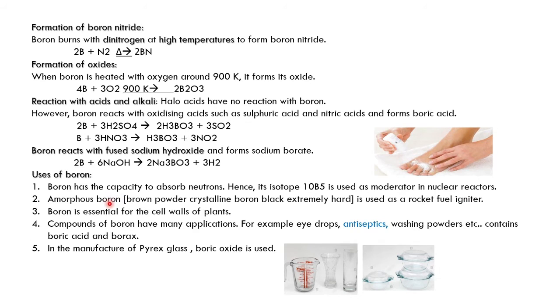Then amorphous boron is a brown color powder, whereas crystalline boron is extremely hard and black. The brown amorphous boron powder is used as a rocket fuel igniter.